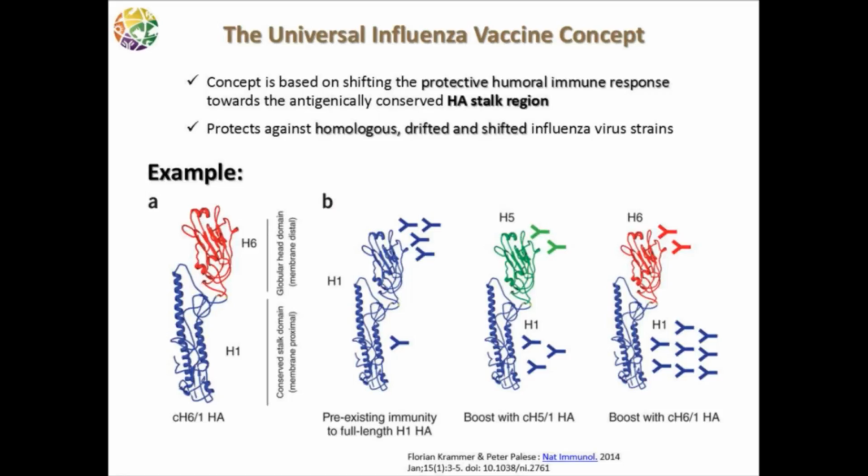Sequential vaccination with these proteins leads to accumulation of antibodies against this conserved Stalk domain, and in theory these antibodies should provide increased protection against different variants and maybe against different serotypes. At the same time, a response to the globular portion provides additional protection against different serotypes. So this is kind of universal.